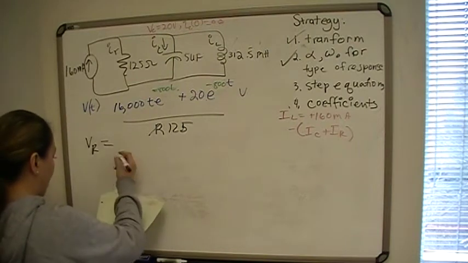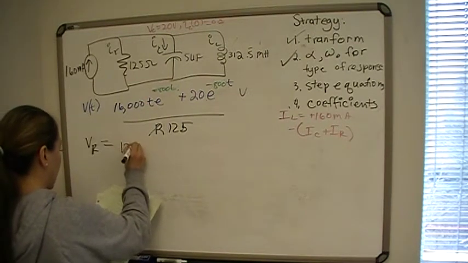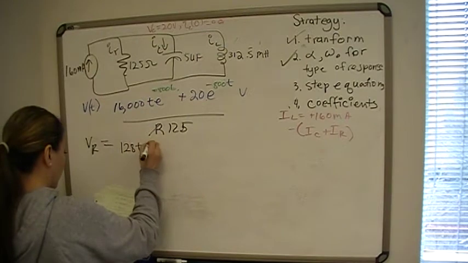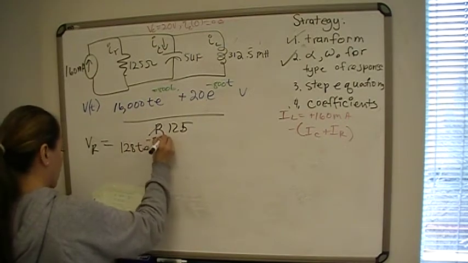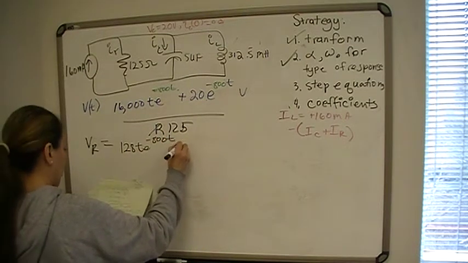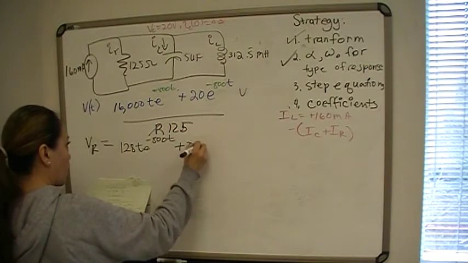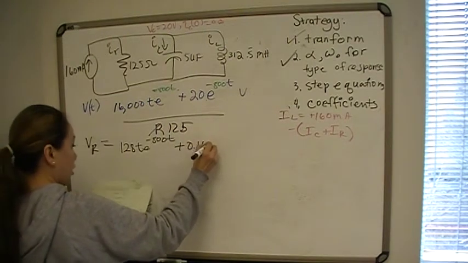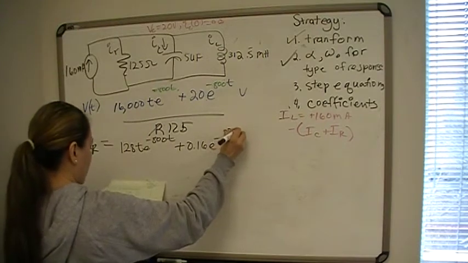Okay, so I have IR is equal to 128 te to the negative 800t plus 0.16 e to the negative 800t amps.